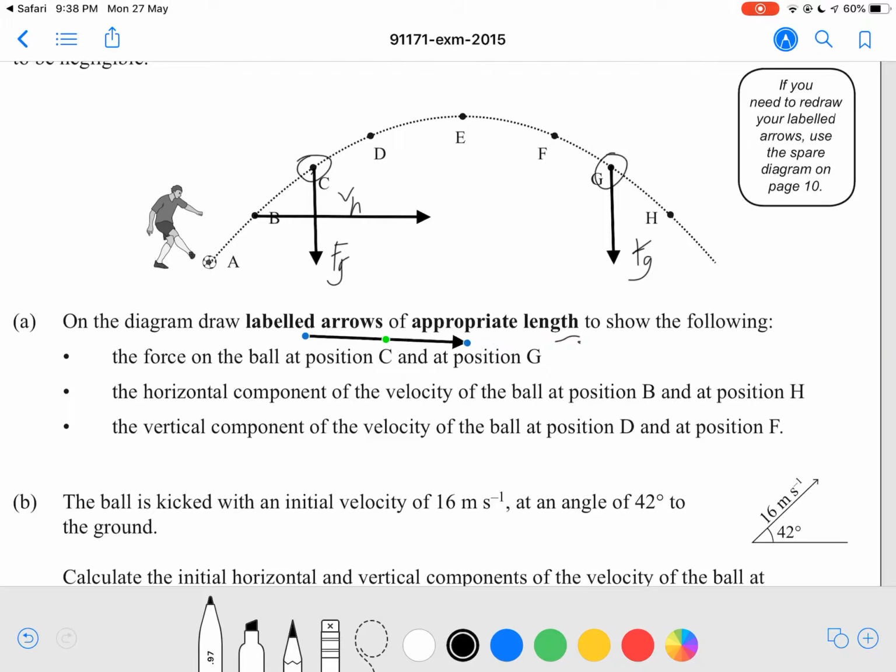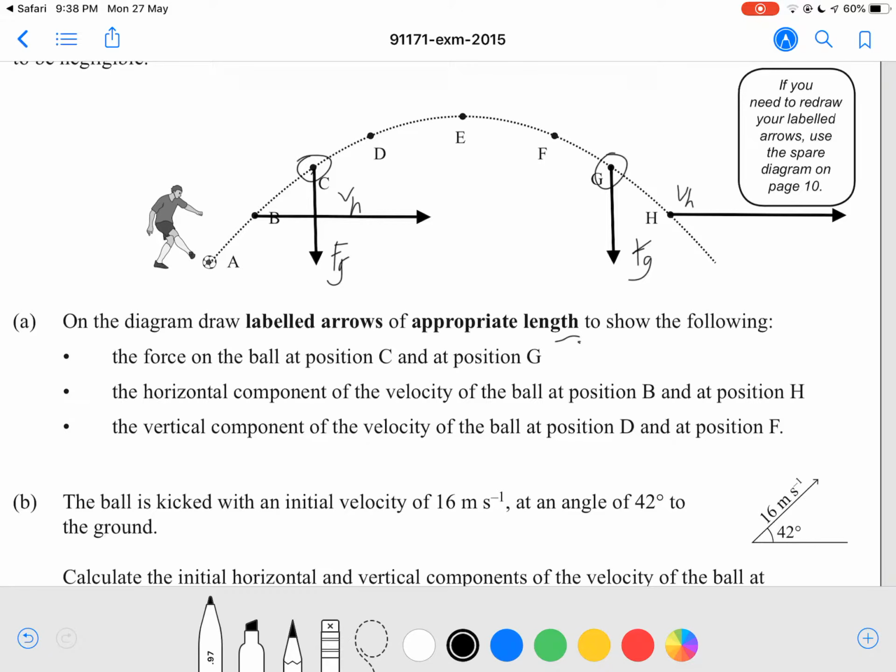Make sure they're about similar size. At point H, it's just going to be a horizontal velocity acting the exact same, okay? No change, because there are no horizontal forces. So the velocity of both of these is the same magnitude. So we're going to say this is V_H, okay?